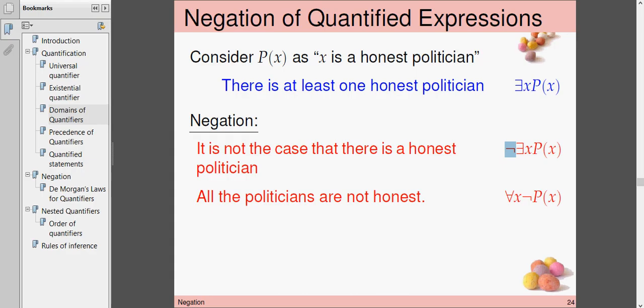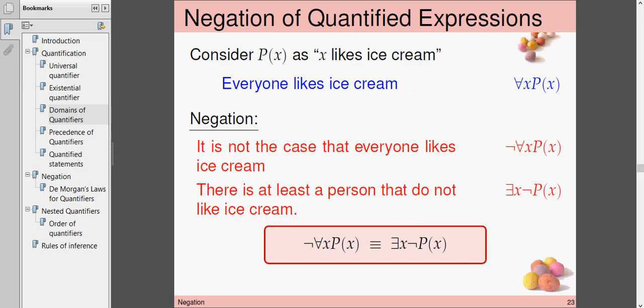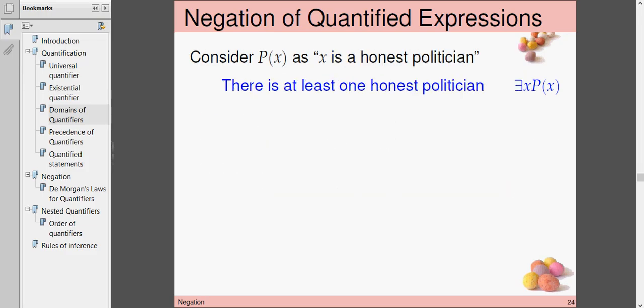The equivalent for it is: for all X there is no B(X), correct. That's why I told you, if we see the previous slide, the negation here is different from here. So we need to focus.